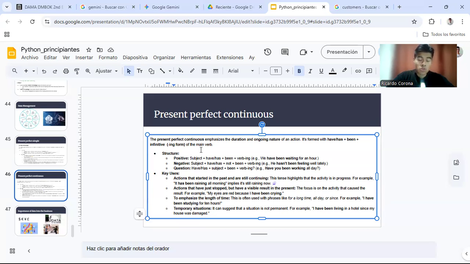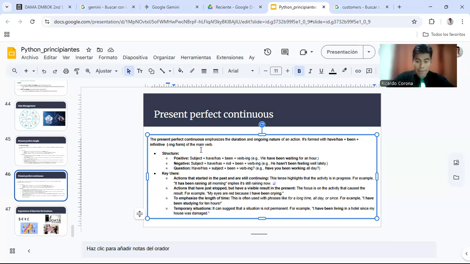I've been studying mechatronics since 2020, for example.